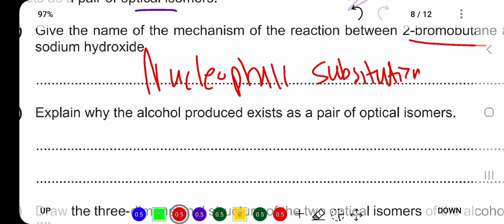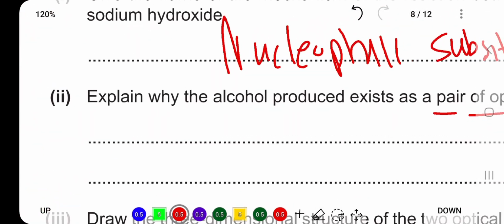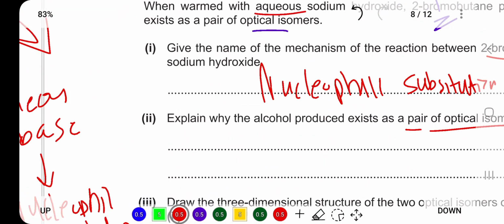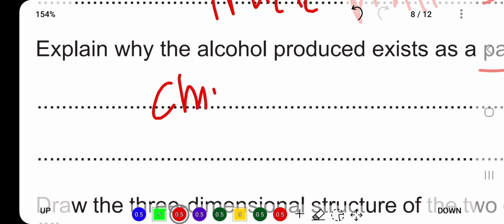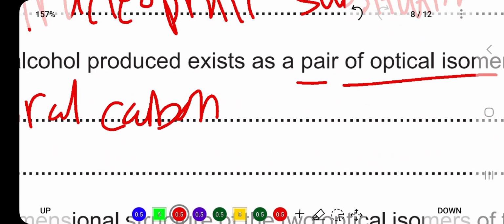Explain that the alcohol produced exists as a pair of optical isomers. As I said, okay, optical isomer is a chiral carbon, or chiral center.